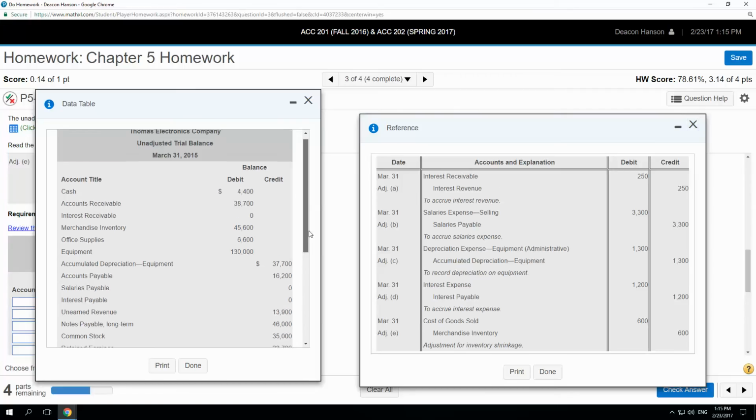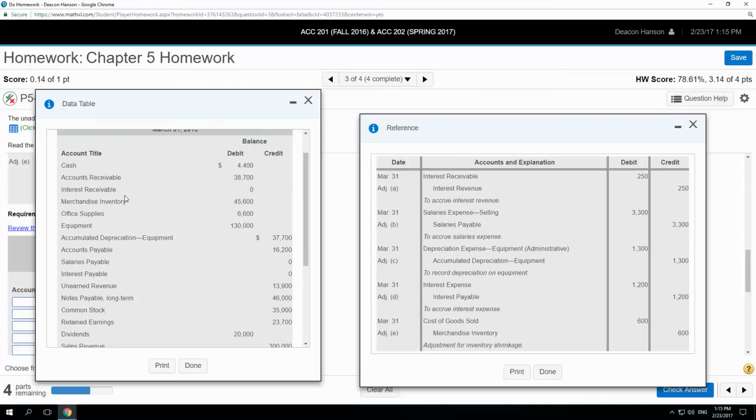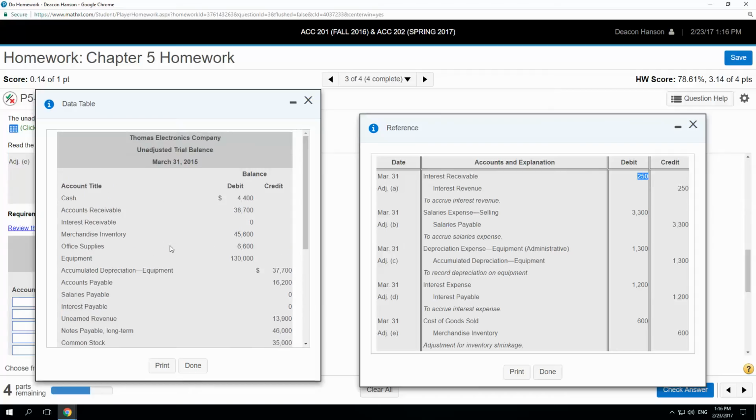We'll take one balance. Interest receivable, right? Interest receivable started out with a zero balance, right? But we made this debit to interest receivable, so we're going to now have $250 in interest receivable. You see what I'm doing? So I'm taking the unadjusted amounts and applying the effect of these journal entries to those unadjusted amounts.